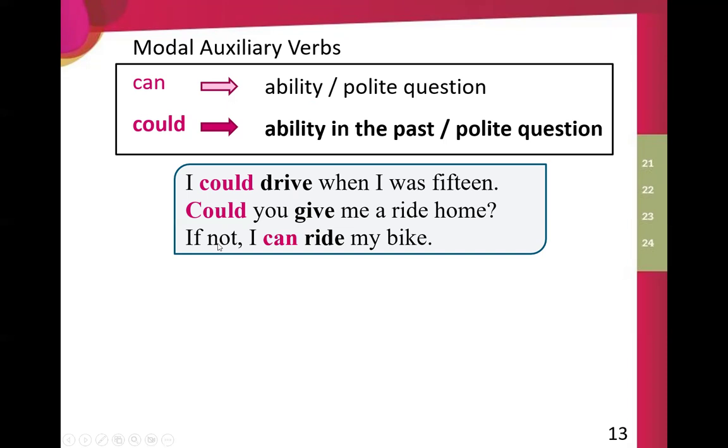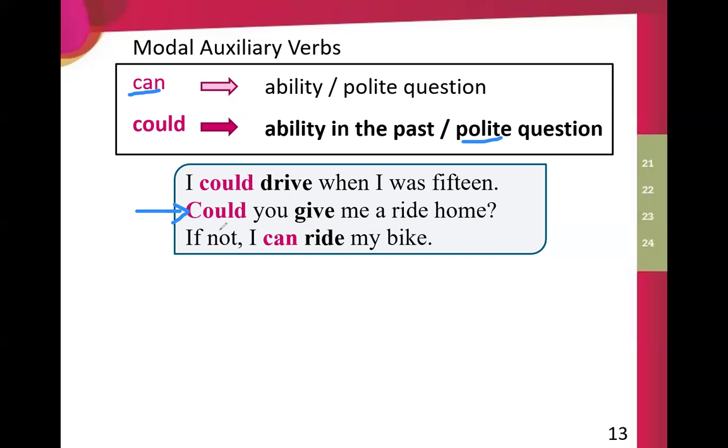Could here gives the meaning of request at the moment or in the present, not in the past. Could you? So can you is also a polite request or polite question, but could you is more polite than can. But both of them are in the present, at the moment right now.